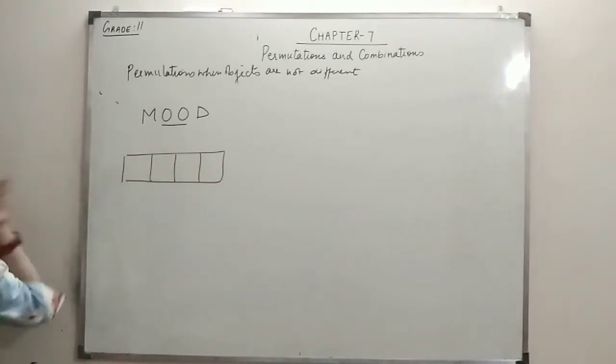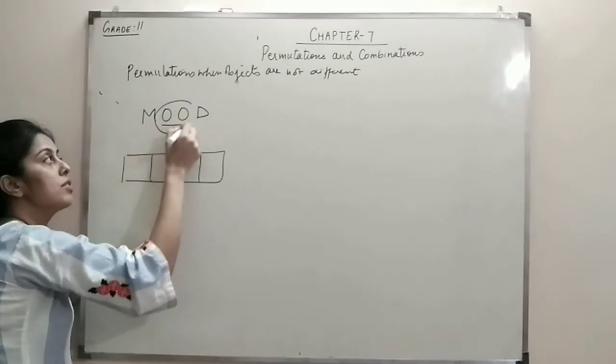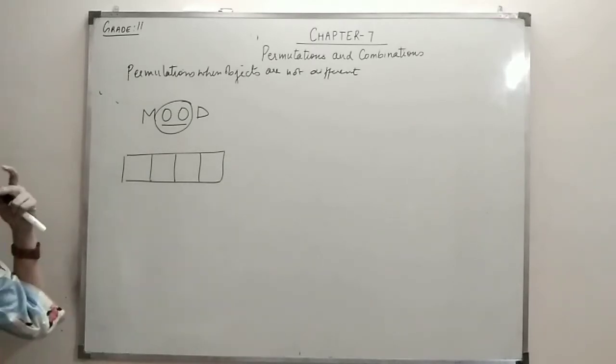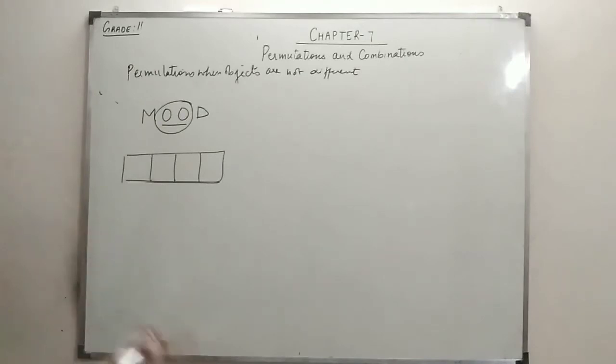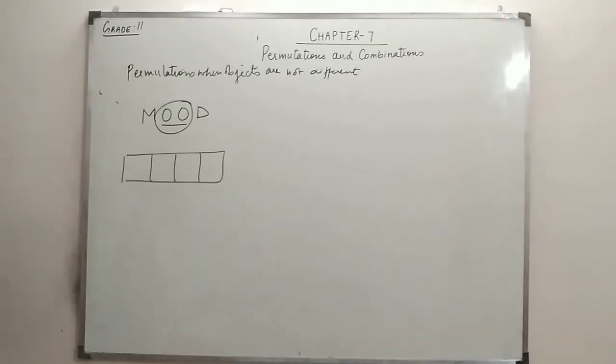If repetition is not allowed, then how do we use this OO, how do we frame the 4-letter words? So now we have a problem: repetition allowed is not possible, repetition not allowed, how? And by the fundamental principle of counting, it's quite difficult to solve it. So how do we solve it?